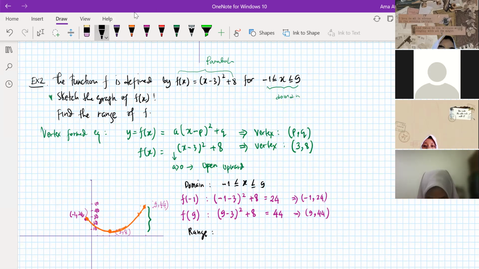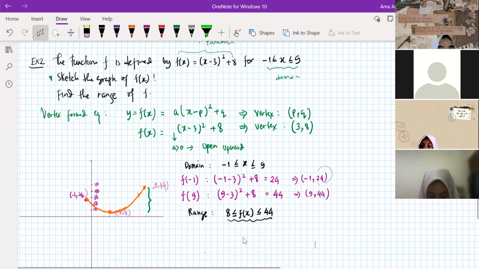It is from 8, so f of x, because it is range, not x. So f of x is bigger than or equal to 8, but less than or equal to 44. So this is the range. Even though for the domain of -1 the value is 24, we need to consider the vertex of the parabola, whether the domain passes through the vertex or not.